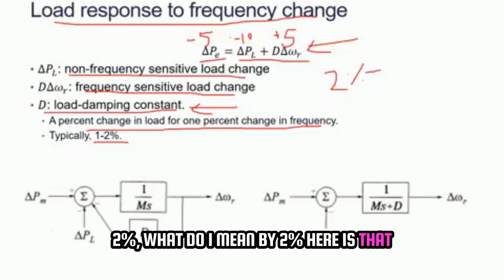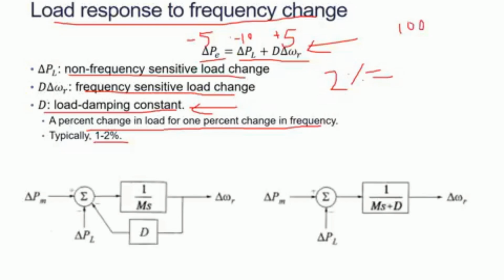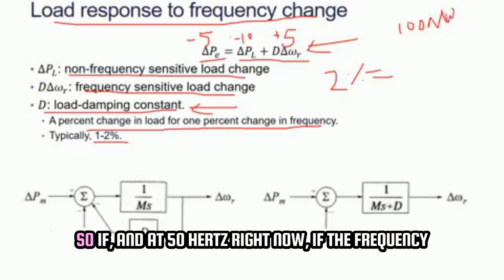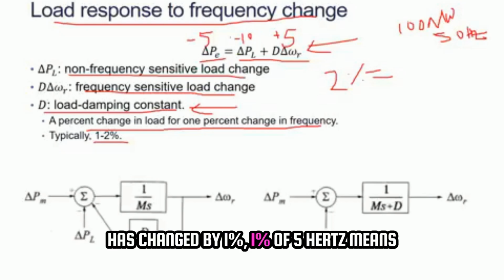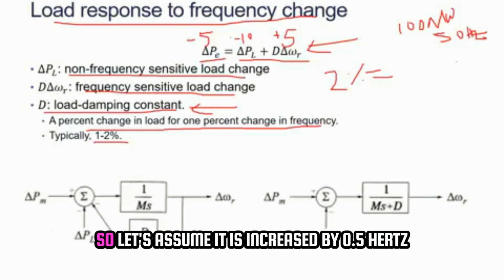Let's say the load was 100 megawatt at 50 hertz. Now if the frequency has changed by 1%, 1% of 50 hertz is 0.5. So let's assume it has increased by 0.5 hertz.